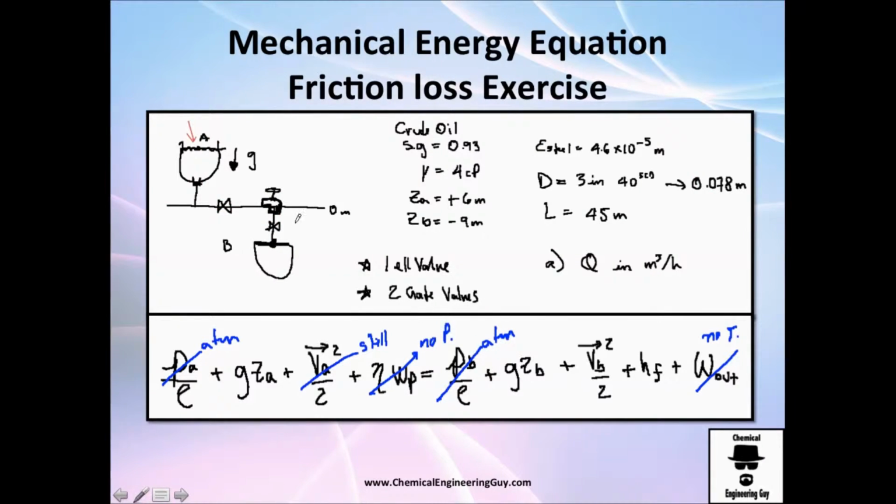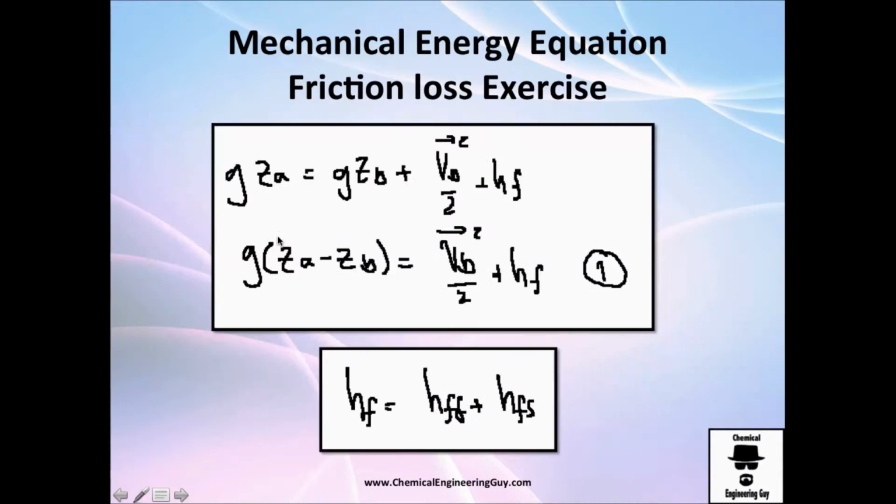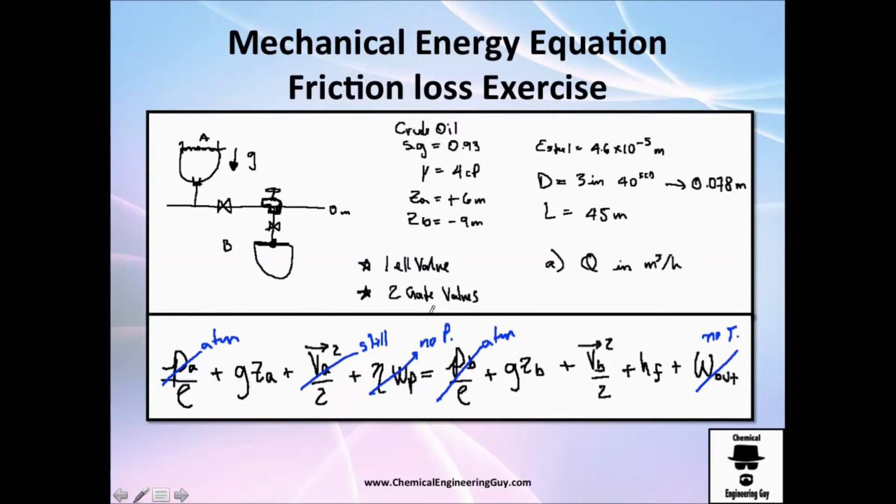This is being pushed by atmospheric pressure, so we cancel both pressures. Velocity in A is static. Velocity in B, we cannot cancel it because we're not doing the balance right here. No pump, no work, so actually we are left with this right here.